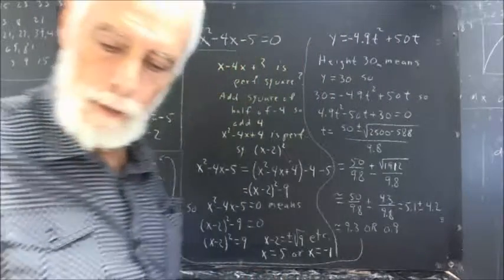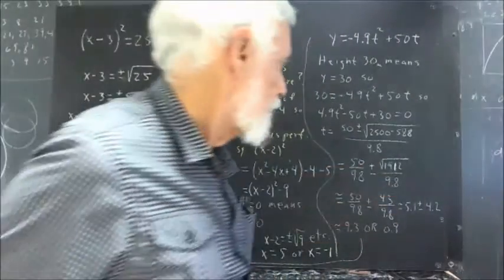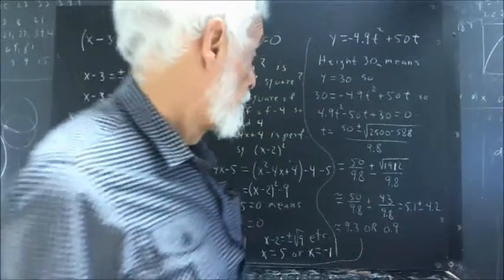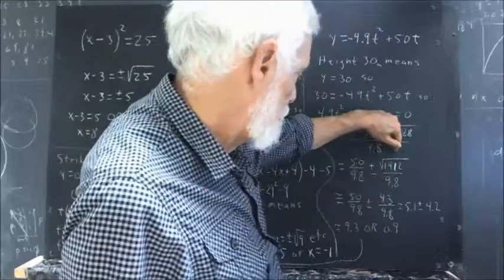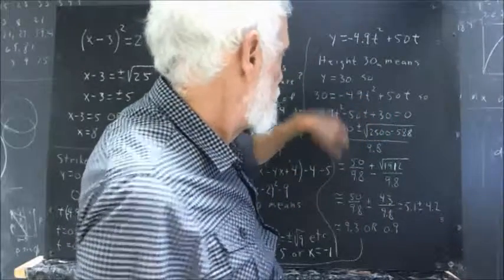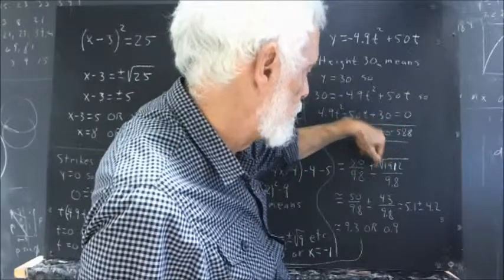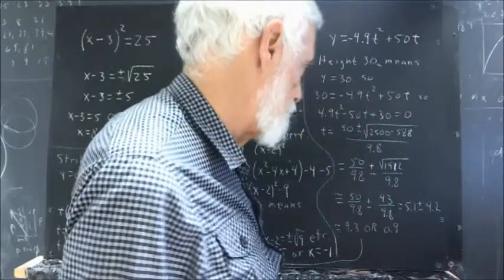Not a particularly wonderful correction, but it does make a lot of difference because I approximated the square root anyway. But let's get it right. Okay, so it's going to be 50 over 9.8 plus or minus this square root divided by 9.8.